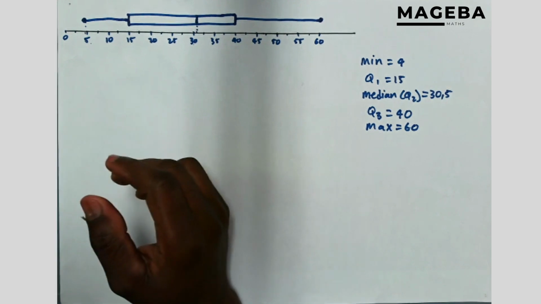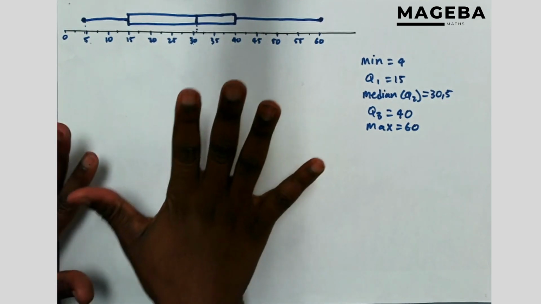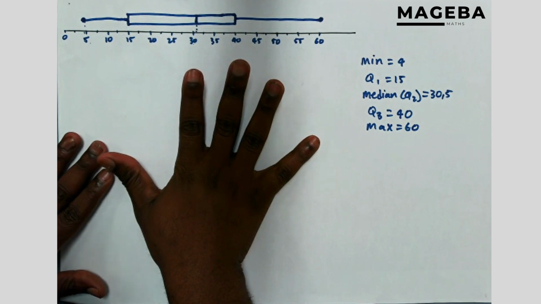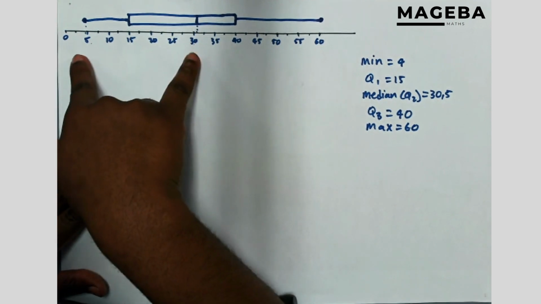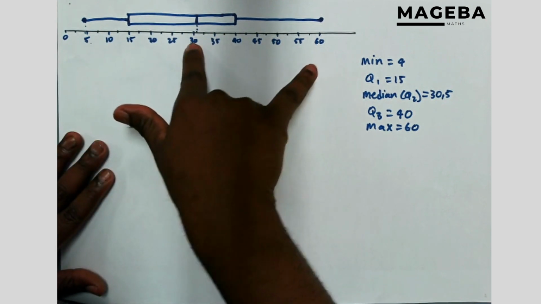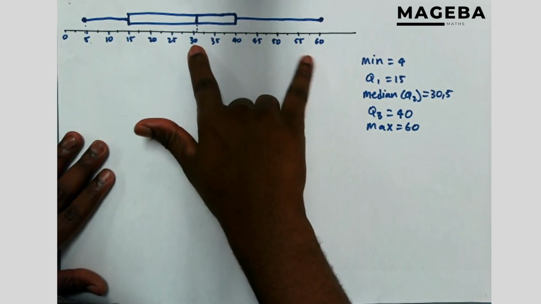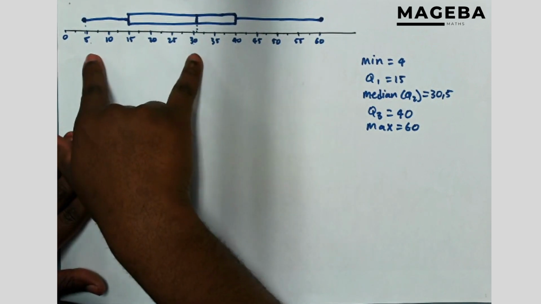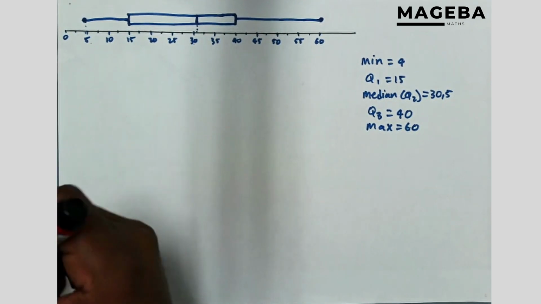I hope we can see from the box and whisker that we've drawn here, the distance from here to here and the distance from here to here, the longer distance is this one. This one here is shorter.